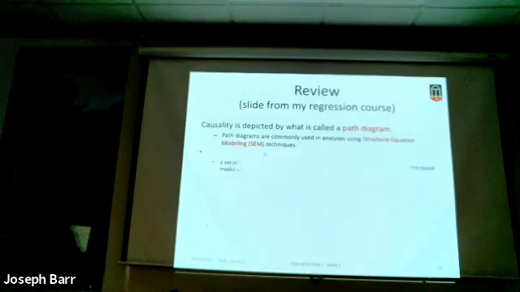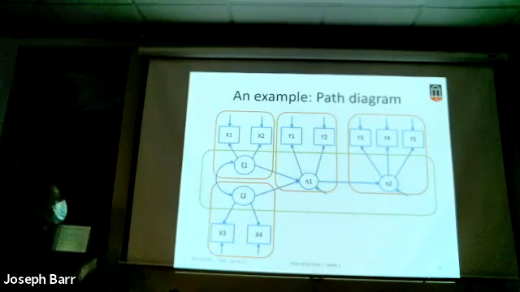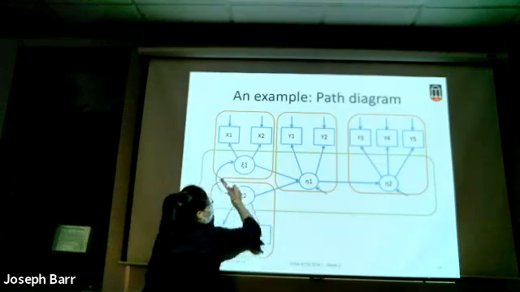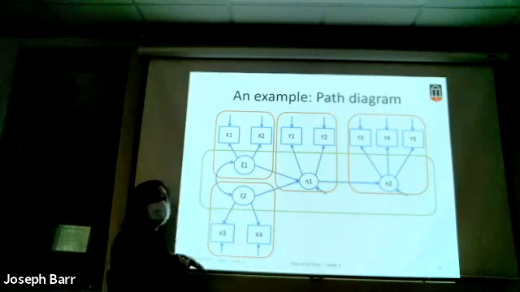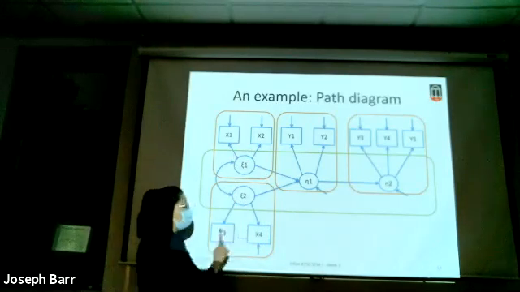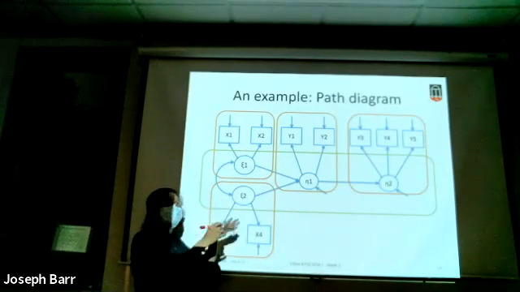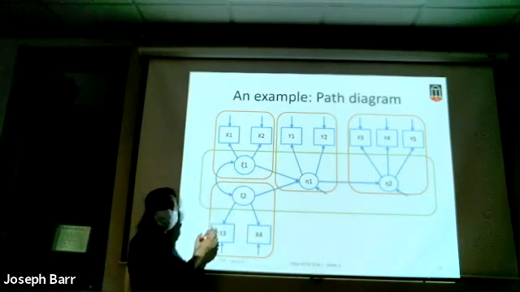Actually, let's look at this path diagram. All of these can be treated as exogenous variables. Although some are latent and some are observed, they can be treated as exogenous variables, okay?